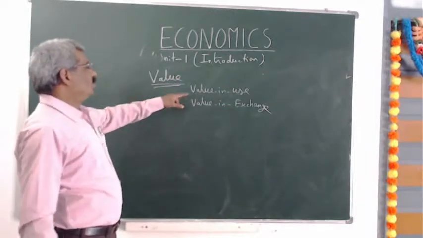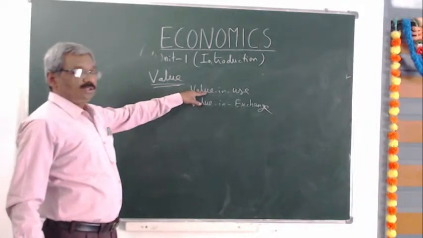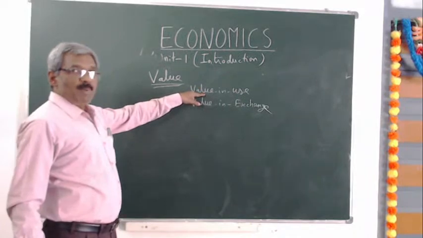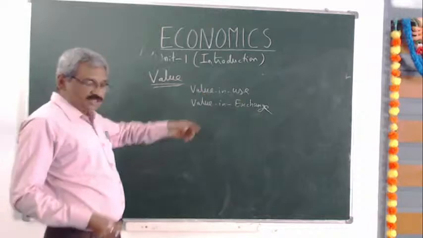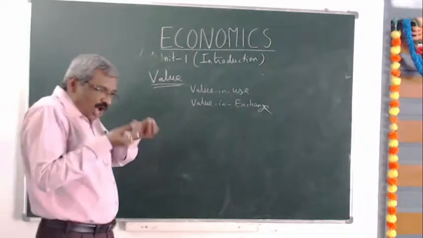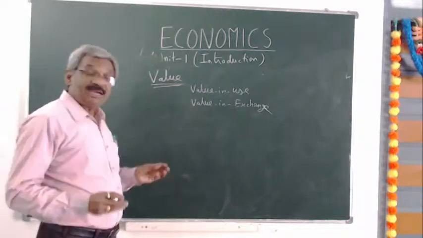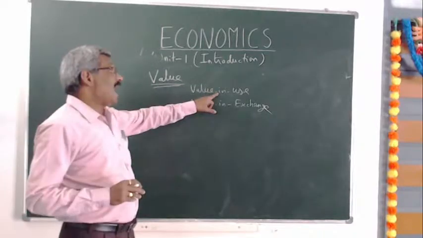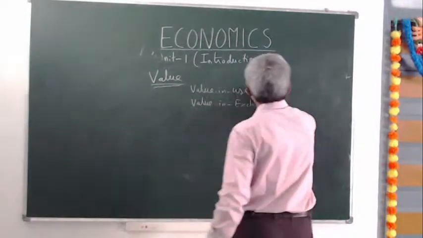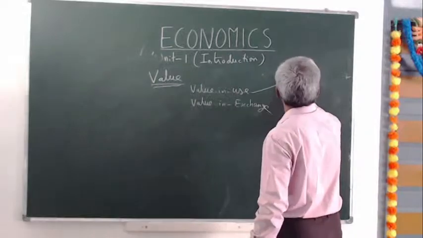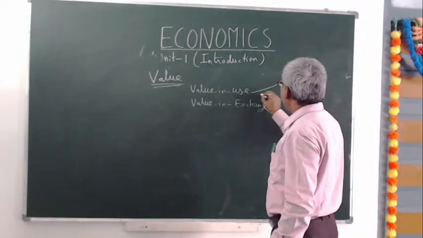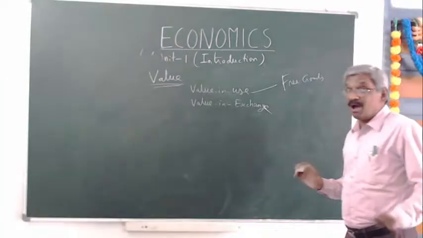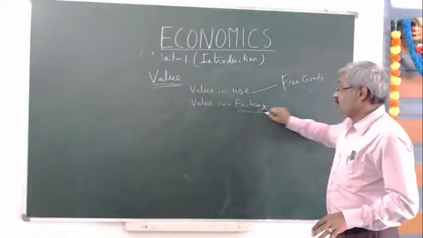Suppose the consumer directly satisfies human wants at consumption or use level, that is called value in use. Free goods have value in use, not value in exchange. Why?